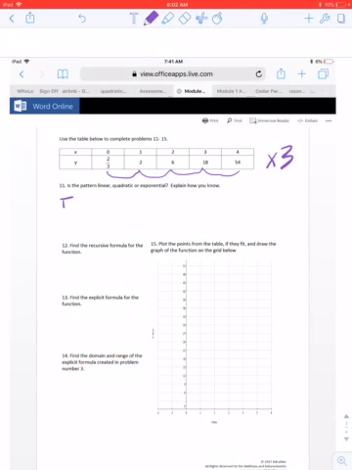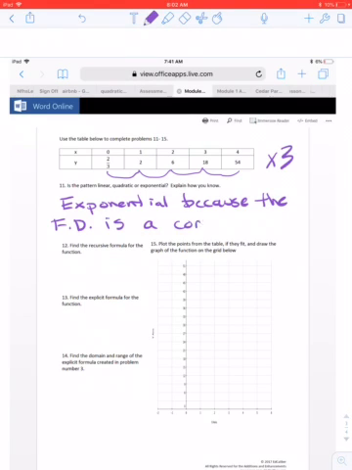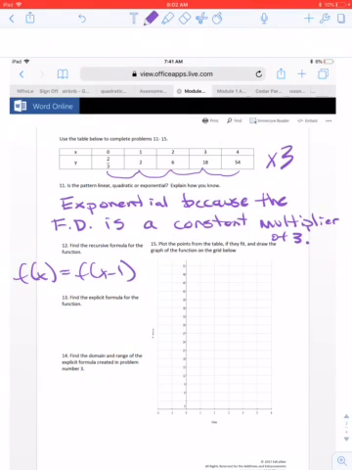So it is exponential because the first difference is a constant multiplier of 3. Find the recursive formula of the function. Find the explicit formula of the function.